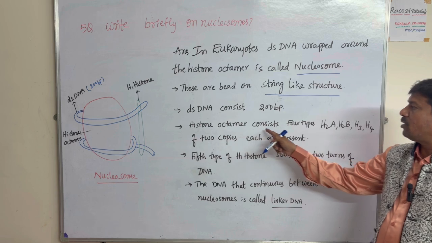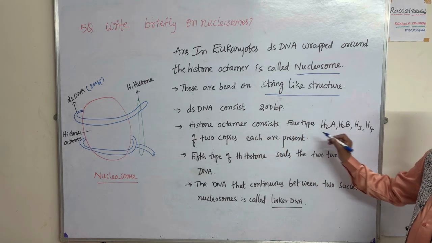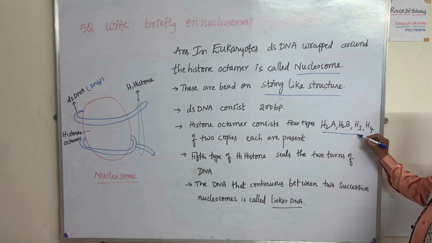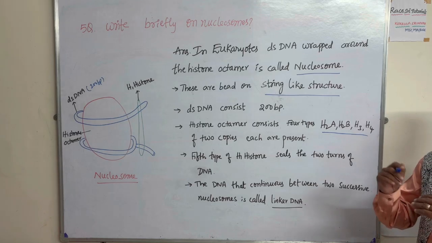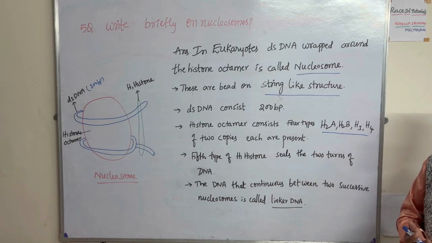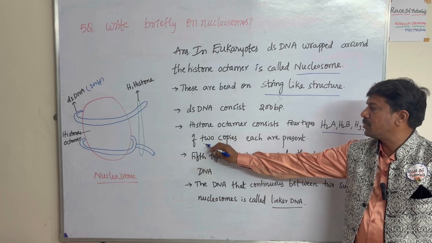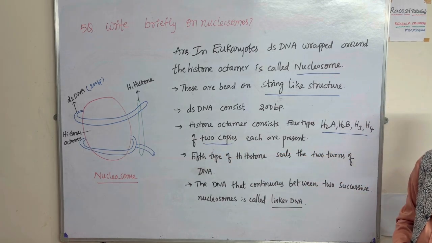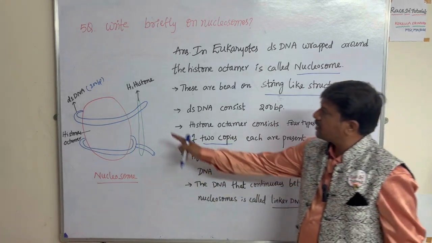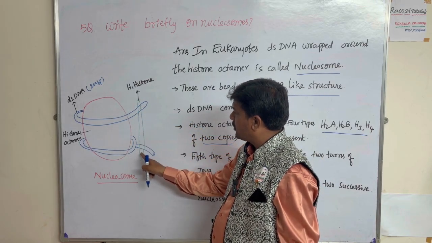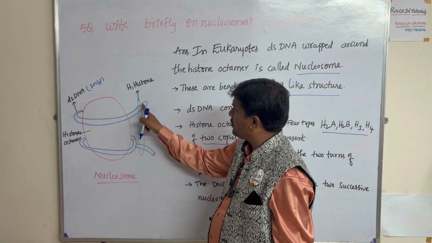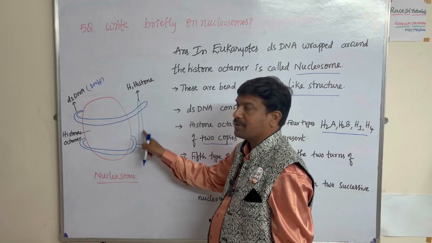So the histone octamer consists of 4 types: H2A, H2B, H3 and H4, each with 2 copies. But a fifth one, H1 histone, is present. This green color mark binds both strands of the double stranded DNA.